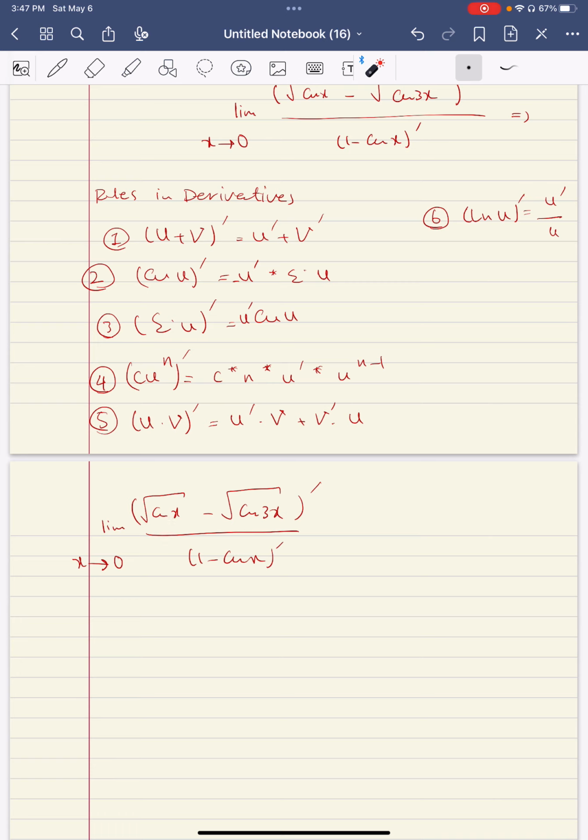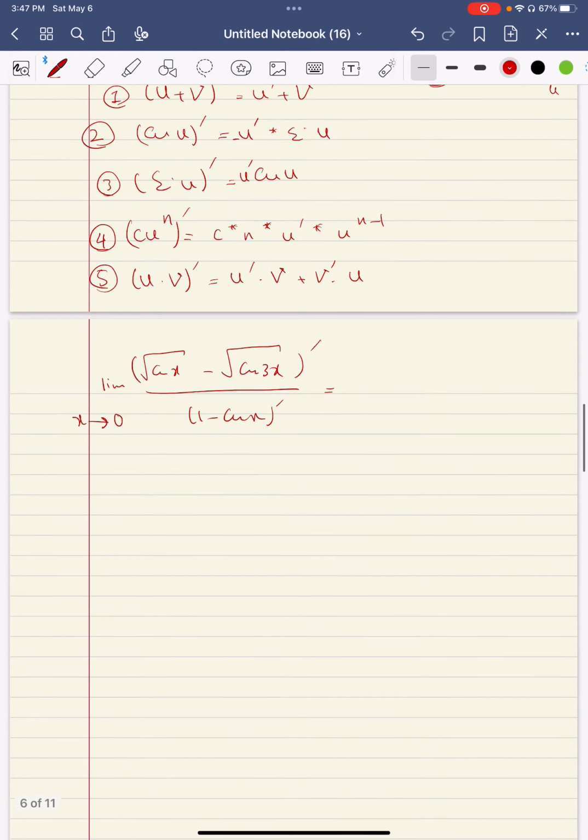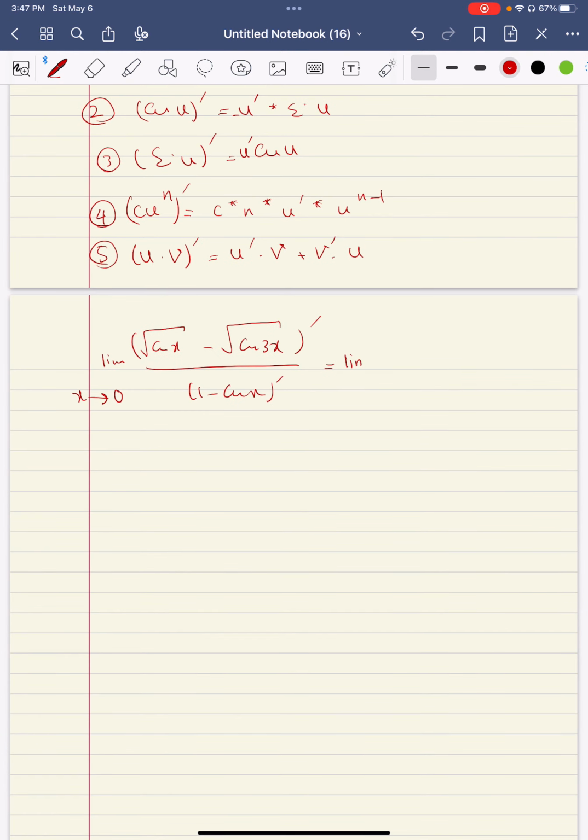And in the denominator, the u is 1 and the v is cosine x. So let's go ahead and apply the first rule, over 1 prime minus cosine x prime, right?